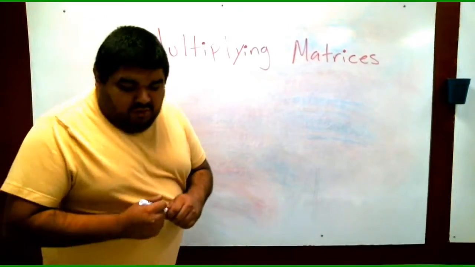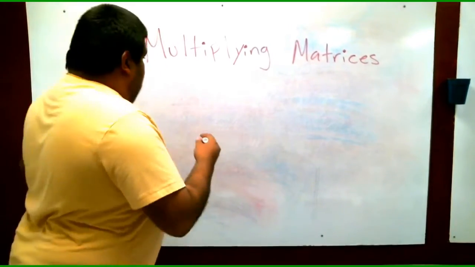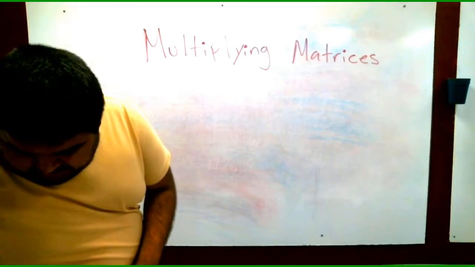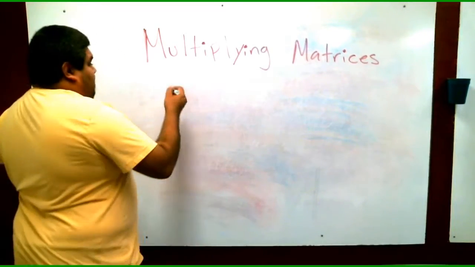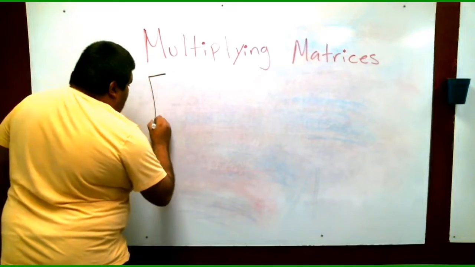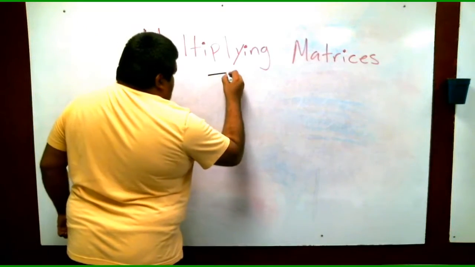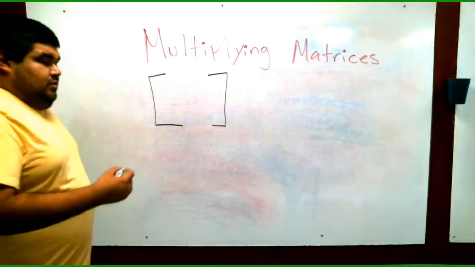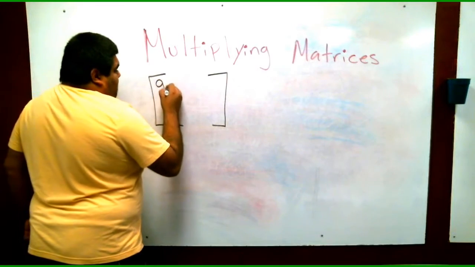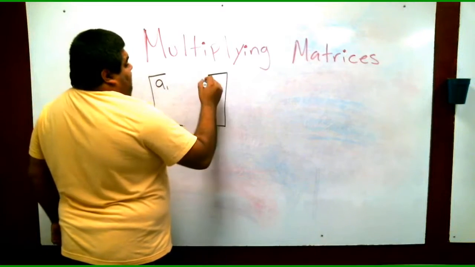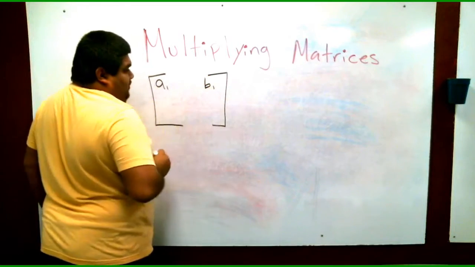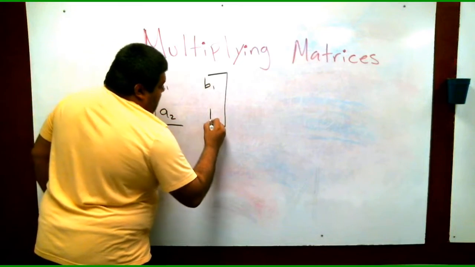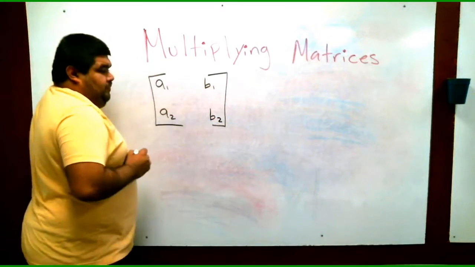The equation goes like this. Use another color here, a color we can all see. The equation goes A1, B1, okay? A2, B2.